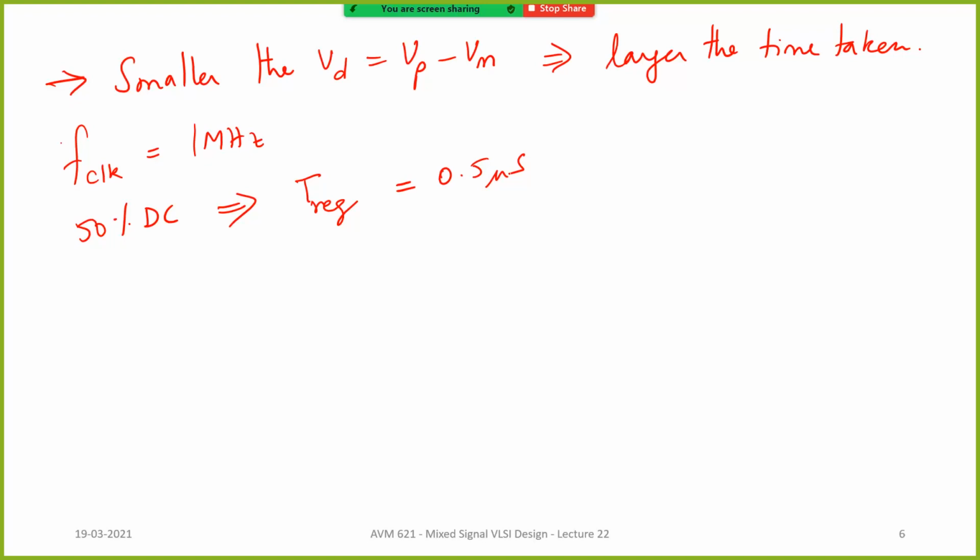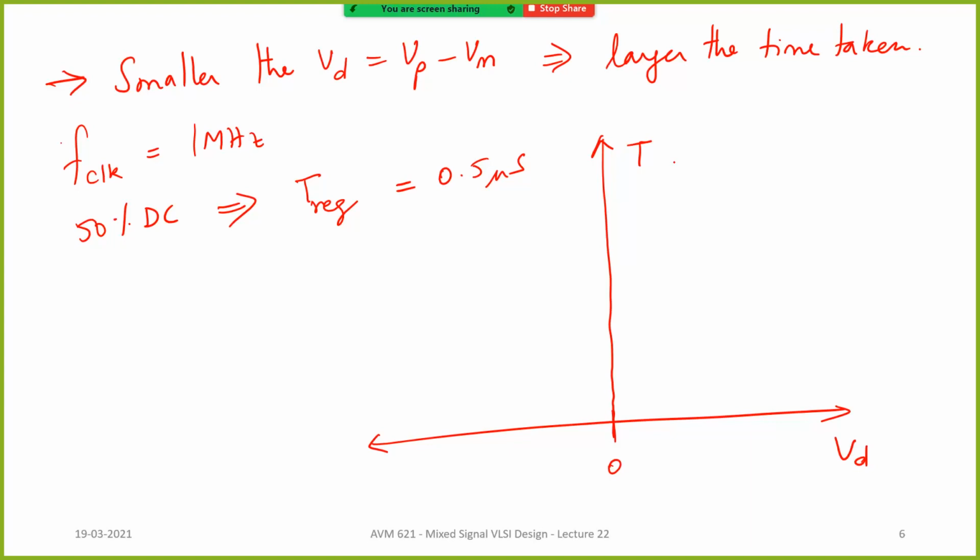So in other words, if I were to plot VD here, the difference voltage, let's say this is absolute 0, and on the y-axis I am going to plot the time for comparison.